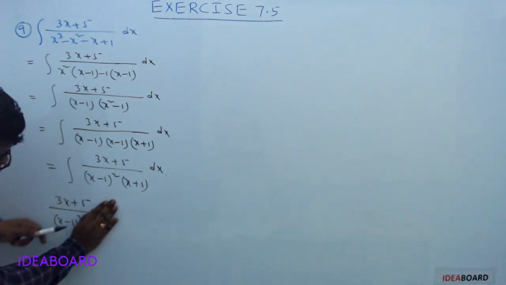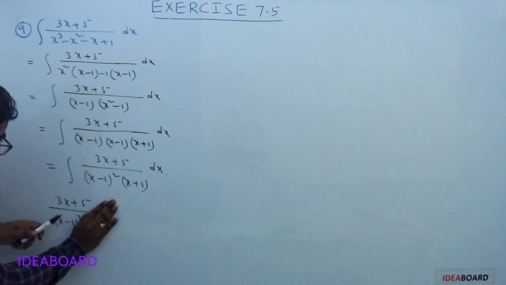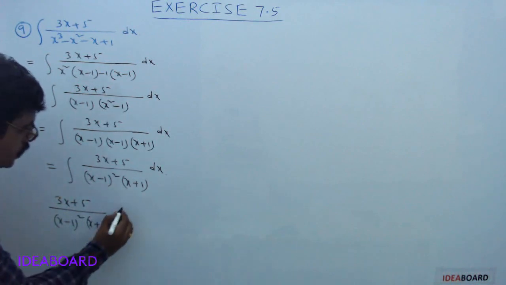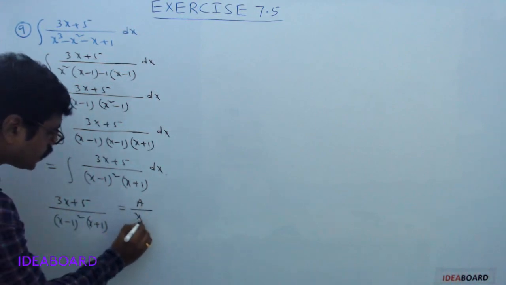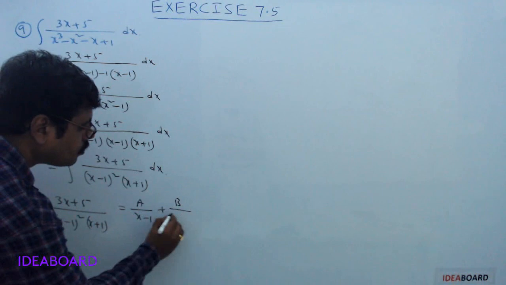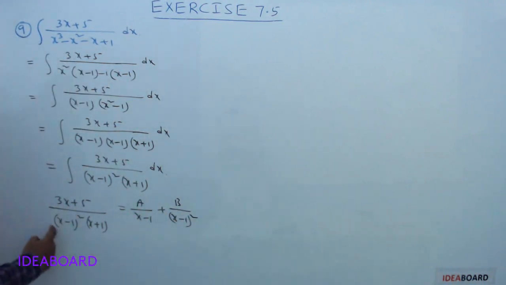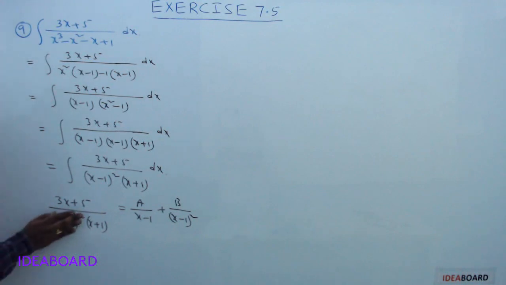Then it is exclusively type 2. Now in type 2, how to resolve this fraction into partial fractions? This is a divided by x minus 1 plus b divided by x minus 1 whole square. Now this part is over. Then close this repeated linear factor.